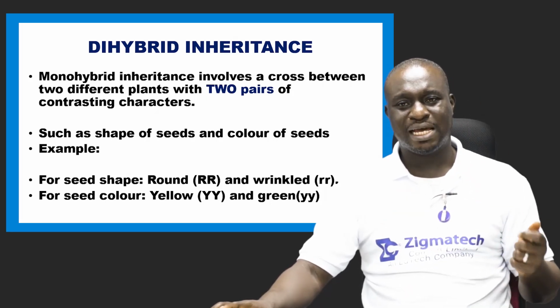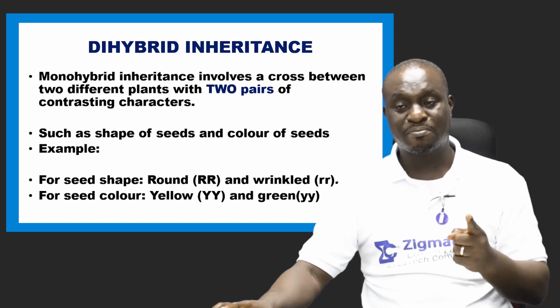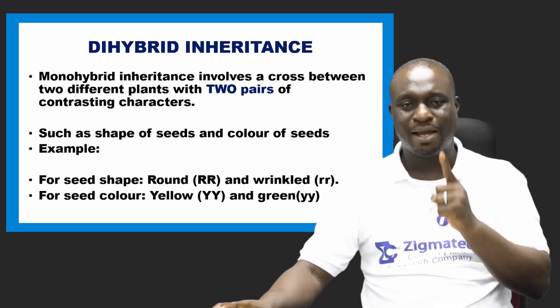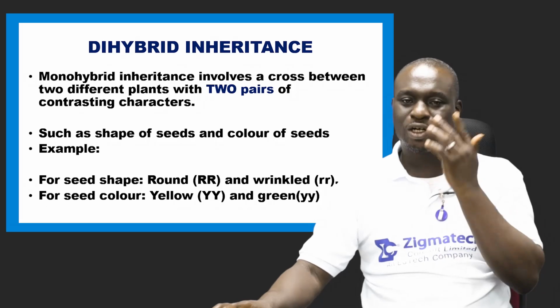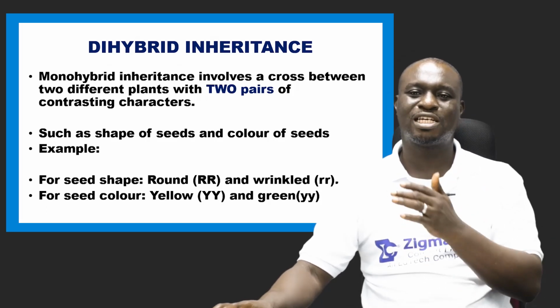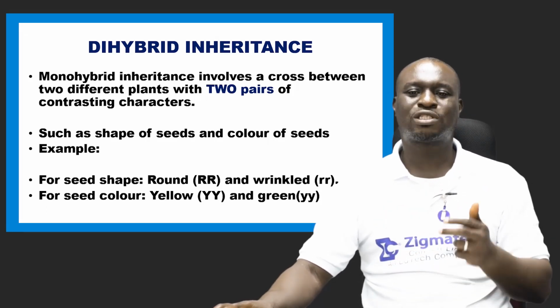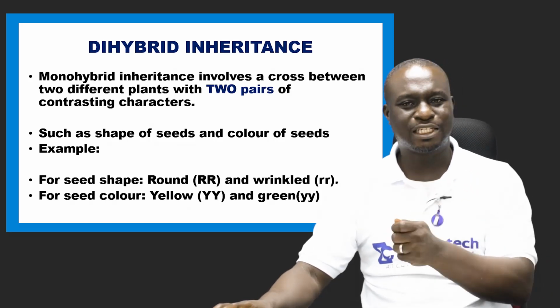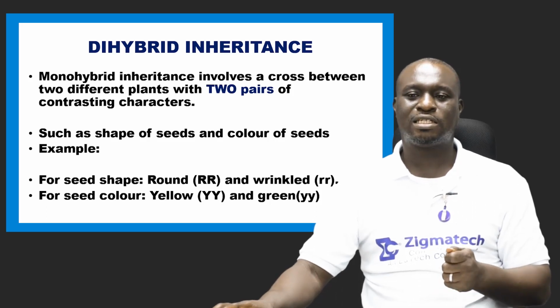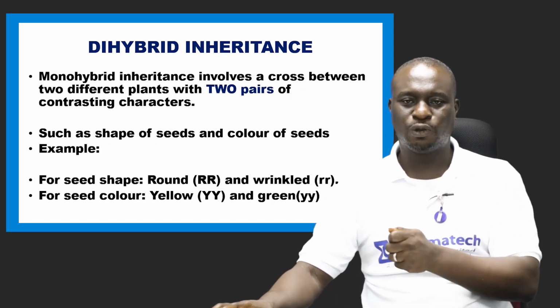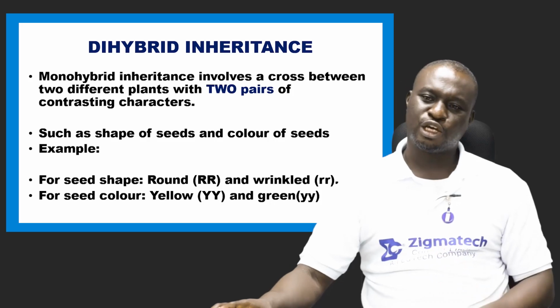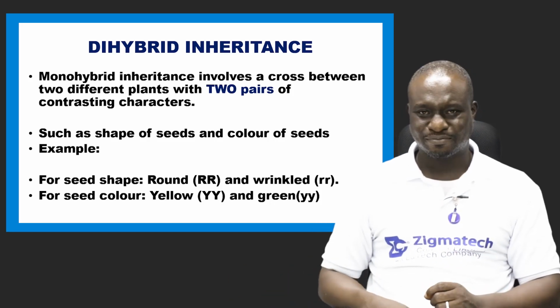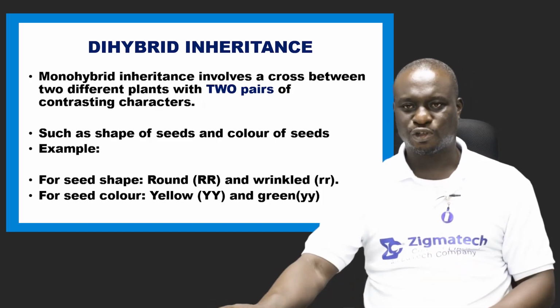In monohybrid, it is two different plants with one pair of contrasting characters. Now, what are the two pairs of contrasting characters he used in dihybrid? He used seed shape and seed color. For seed shape, he used round and wrinkled, and then for seed color, he used yellow and green.